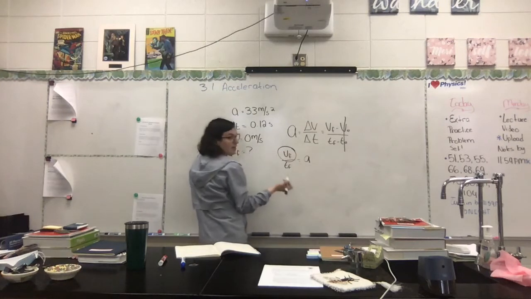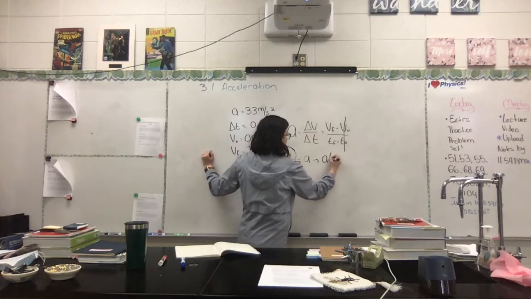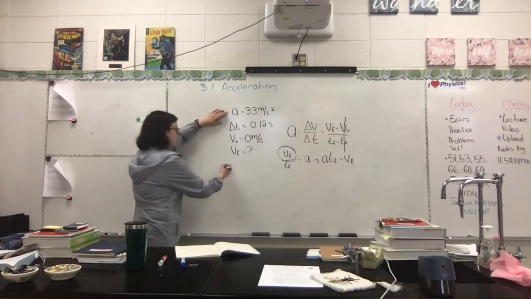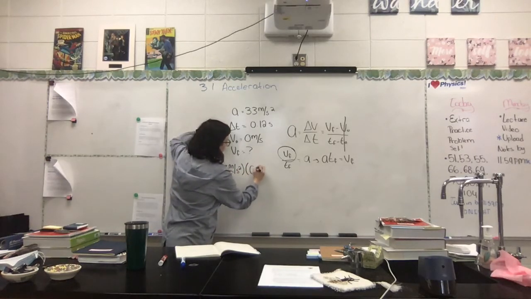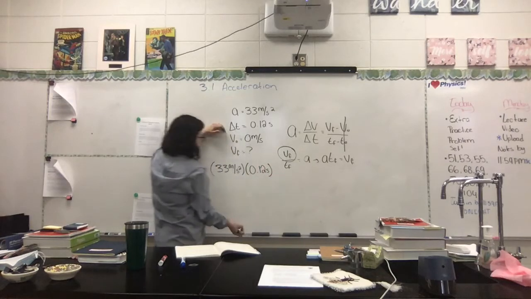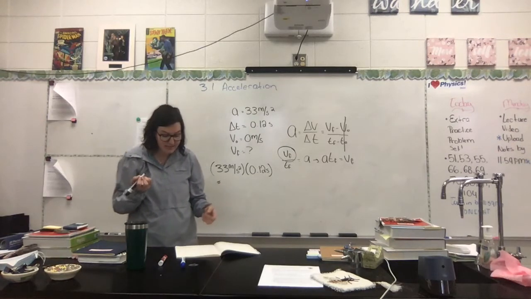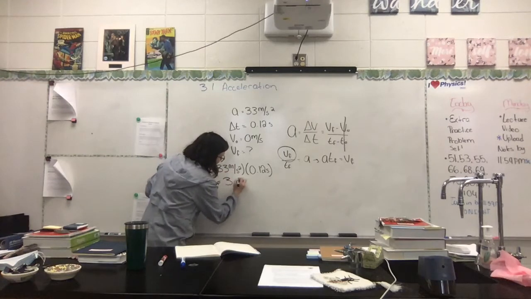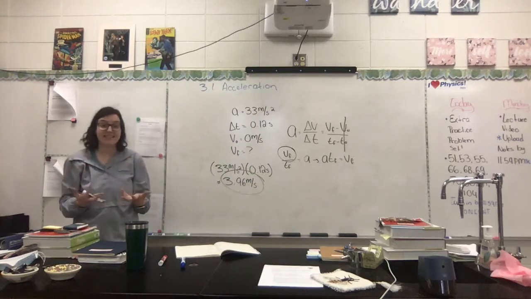And we're solving for this final velocity, right? So we're going to do acceleration times our time is equal to that final velocity. Our acceleration is 33 meters per second squared, and our time is 0.12 seconds. So when you do 33 meters per second squared times 0.12 seconds, you should get that his tongue was going at a velocity of 3.96 meters per second when he caught that insect.